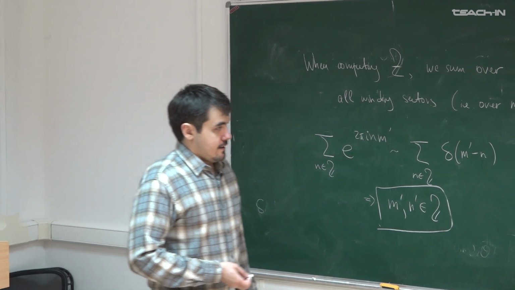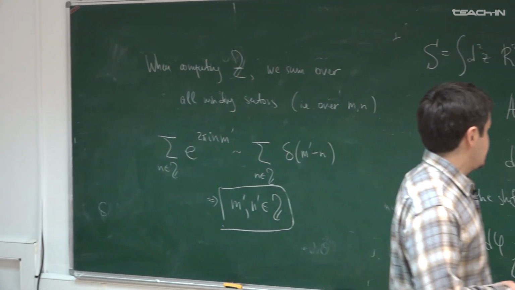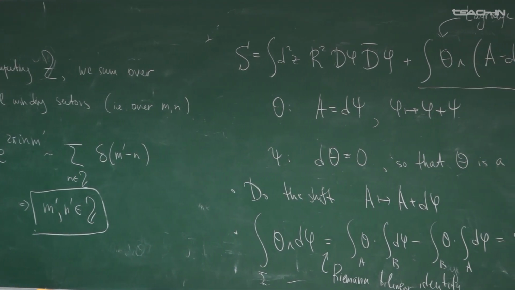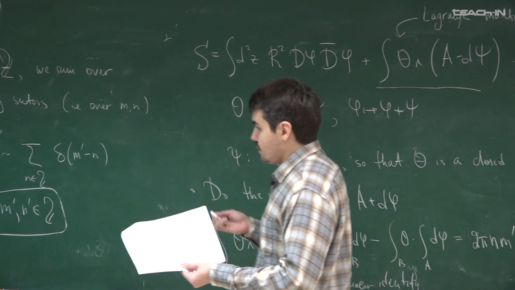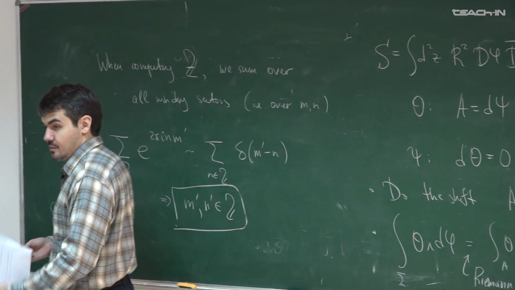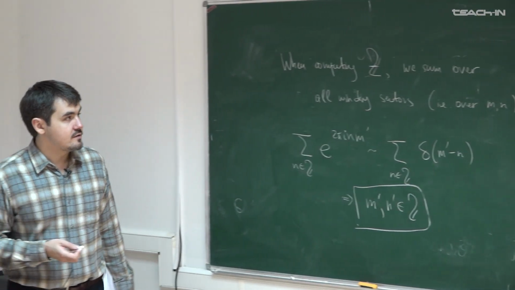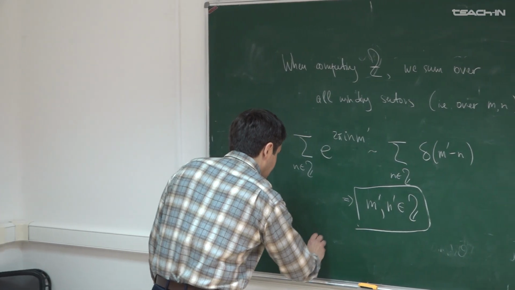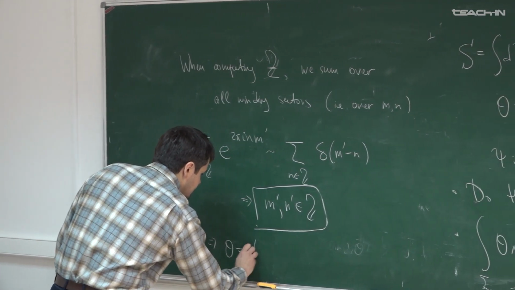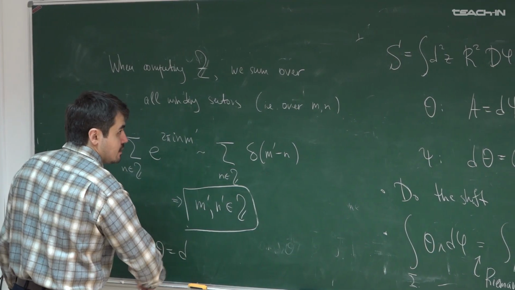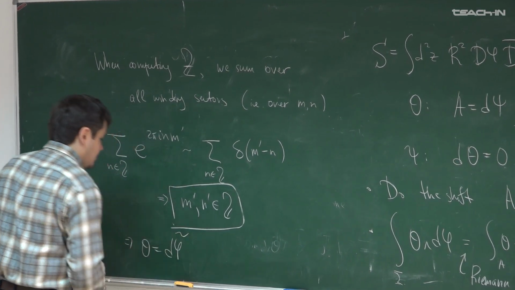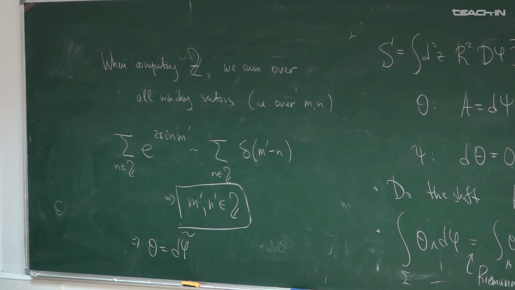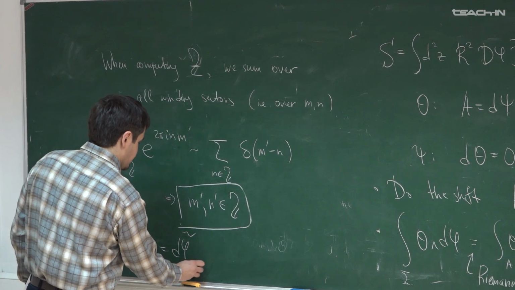So in fact, you could as well write theta as d phi tilde, where phi tilde now has periodicity 1.